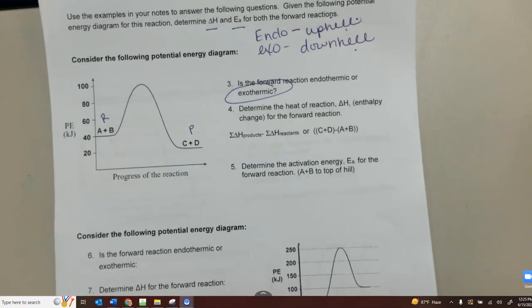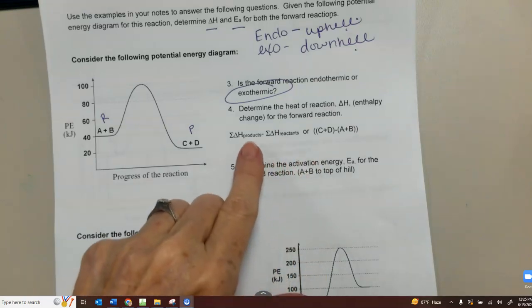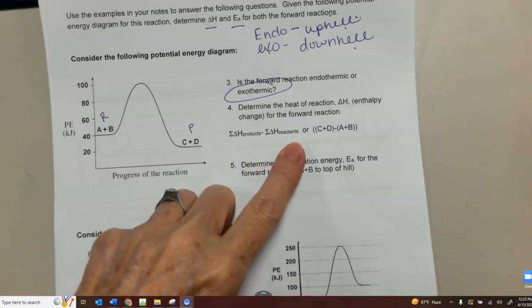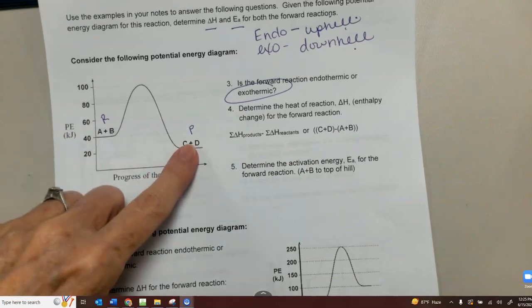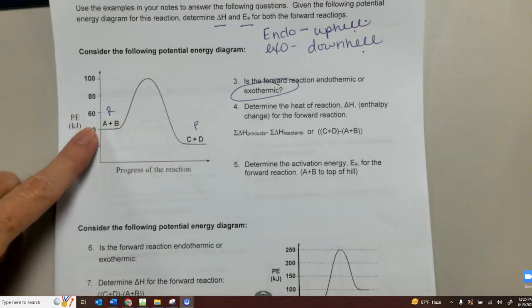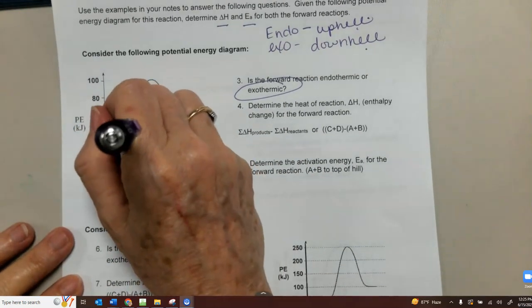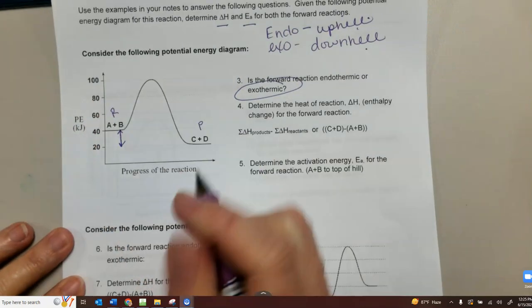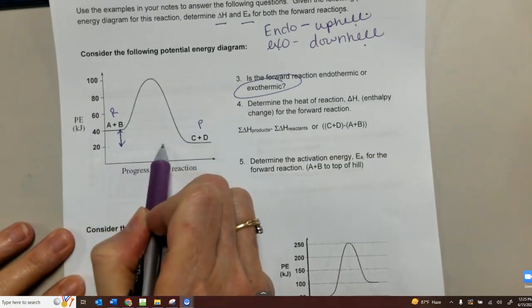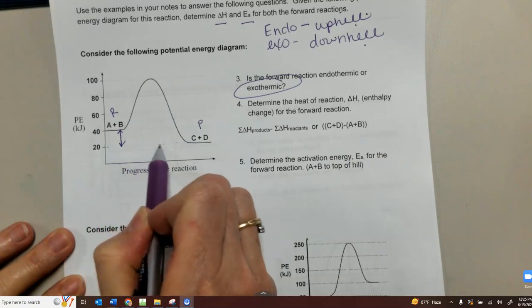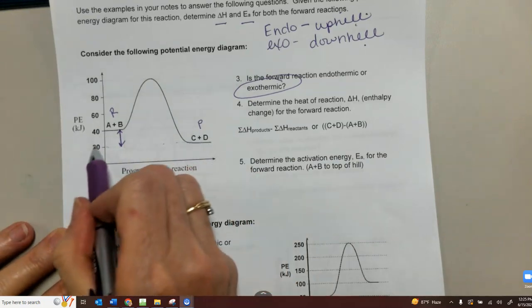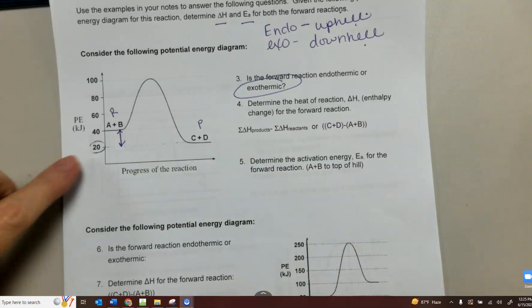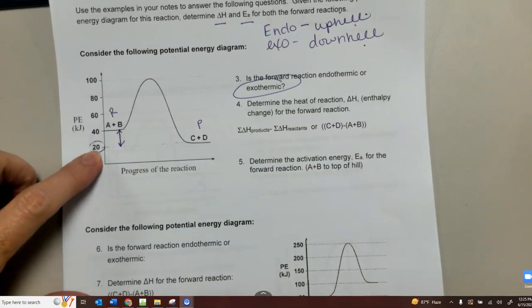Okay, now we're going to determine the heat of the reaction, or the delta H, for the forward reaction. So how do I do that? Okay, it is the difference between the products and the reactants. So remember, C and D are the products, A and B are the reactants. So it is the difference between, you can see that little dotted line, the products and the reactants. And the products are at 20 kilojoules of energy.